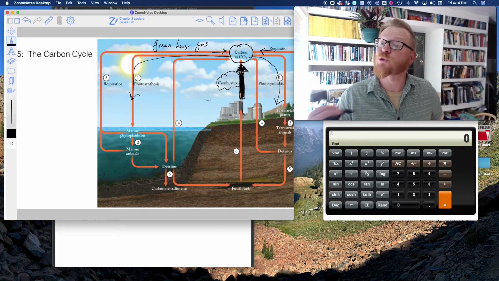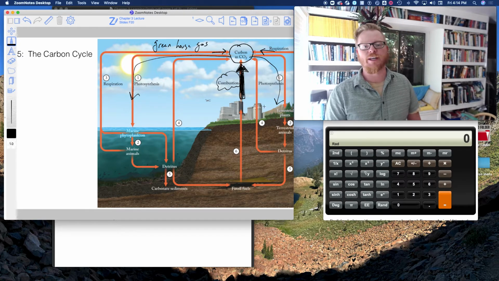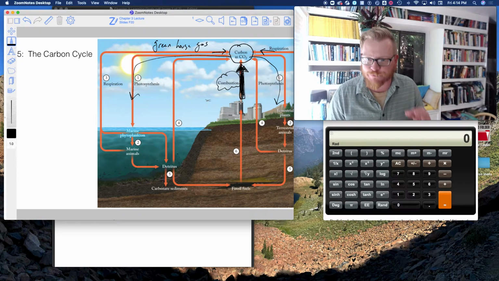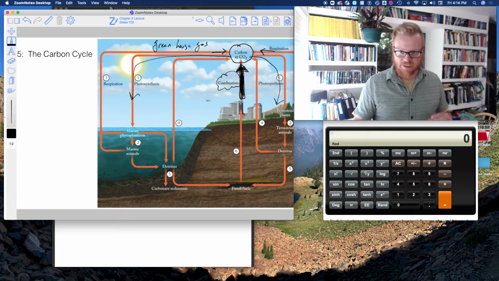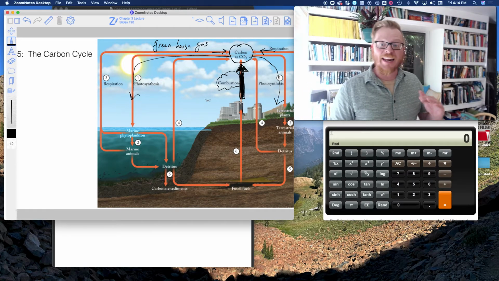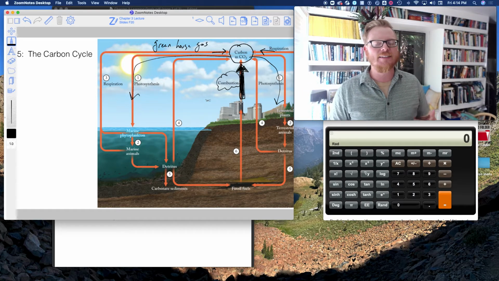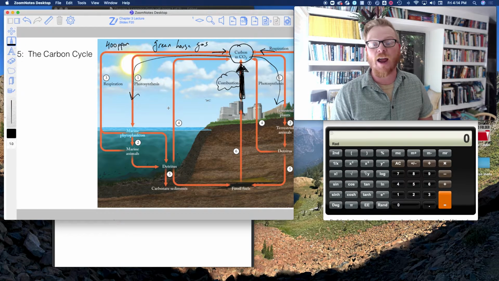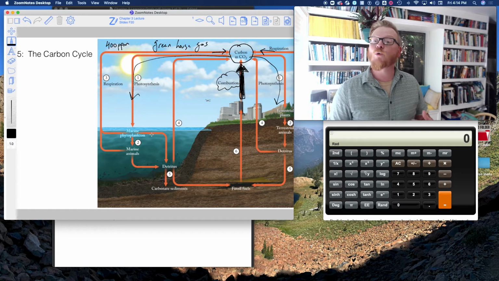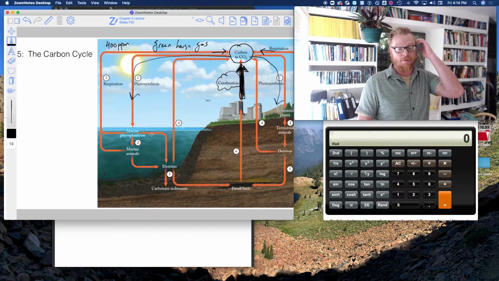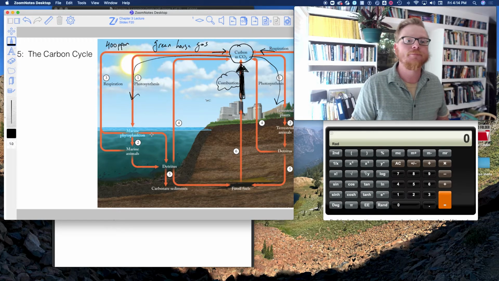So right now, the sources of CO2 in the atmosphere, particularly from combustion, are far outweighing the sinks of CO2, okay? And even though these things might not seem like a lot to us, CO2 right now is about 400 parts per million. So that means for every 1 million molecules of air, only 400 of them are carbon dioxide. So it doesn't sound like a lot.